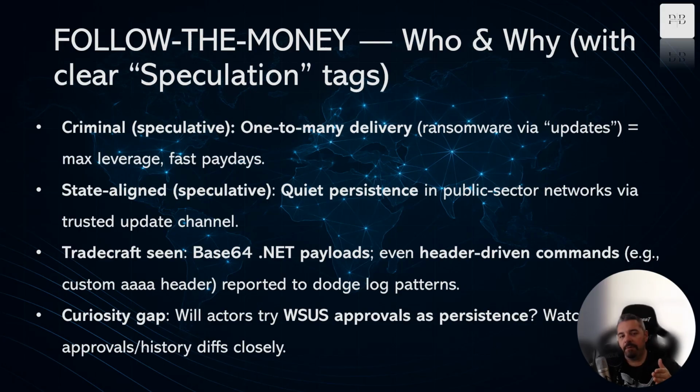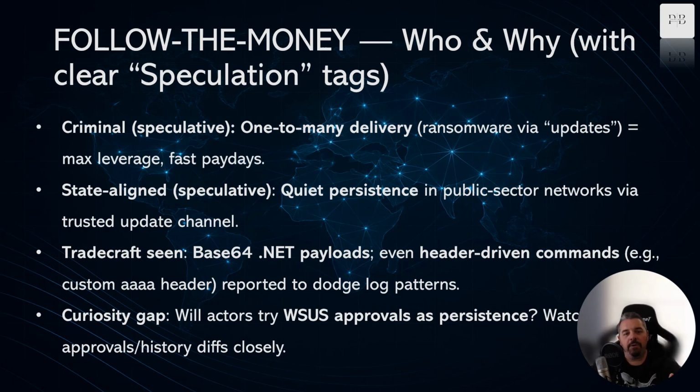Same tool, different tempo. You might also see odd infrastructure choices after execution. Quick hits to throwaway webhook collectors smell like smash and grab. Slow, periodic beacons to niche infrastructure smell like patient access. Again, different money trails, different rhythms.